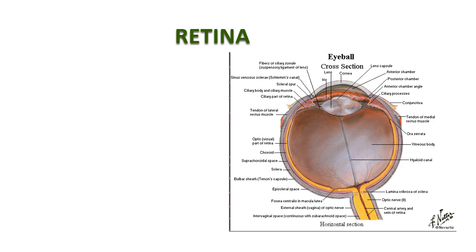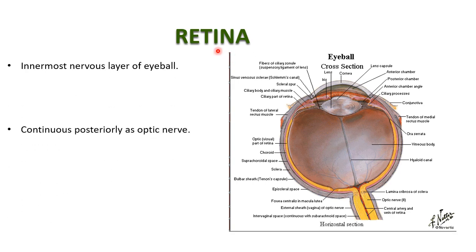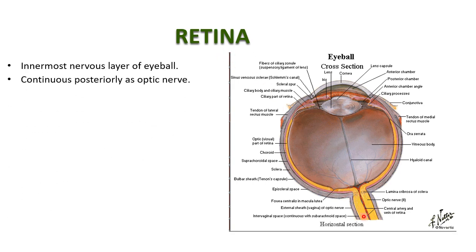So next we are passing on to the innermost coat of the eyeball, which is called the retina. The retina is the nervous coat, an extension of the diencephalon directly, and it continues posteriorly, piercing the eyeball as the optic nerve fibers.